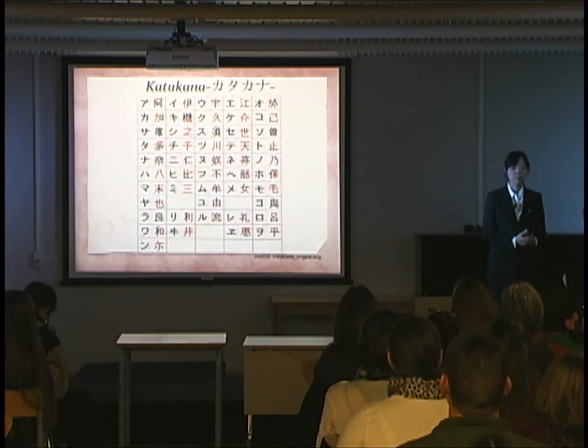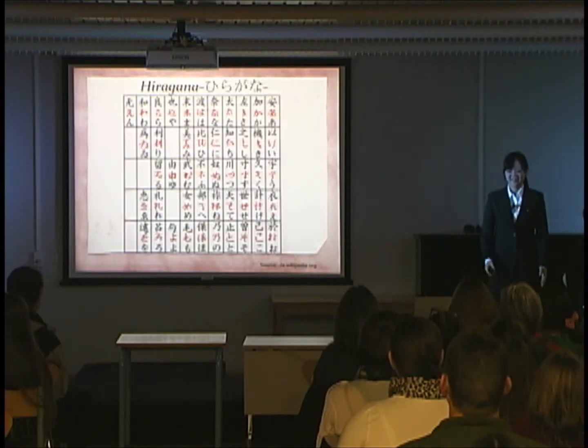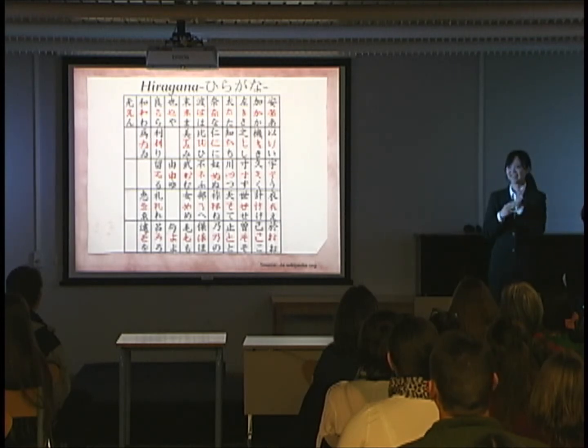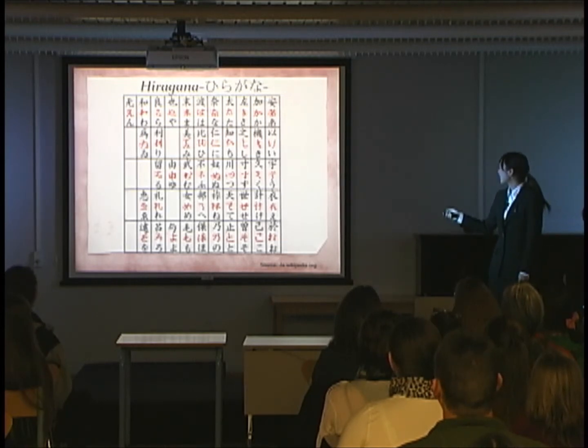But at that time, the writing of Japanese people were messy, so kanji and katakana looked very similar. To distinguish between kanji and katakana, hiragana was created at 8th century. As you can see, kanji is upper side and hiragana is bottom.